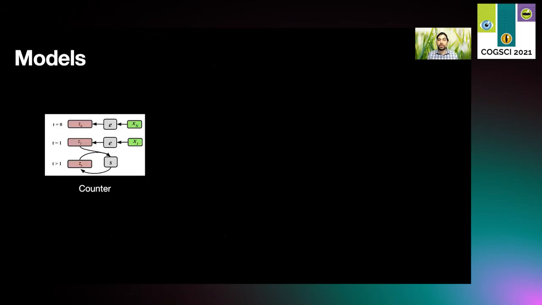So a bit more detail on the models. First off, we use this pre-trained counter for all of the models, and this is what produces the count sequence in time, as well as the instructions. So at time 0, we have a 1-hot that indicates the instruction n, x sub n, and that's given to an encoder that produces an embedding, z0.